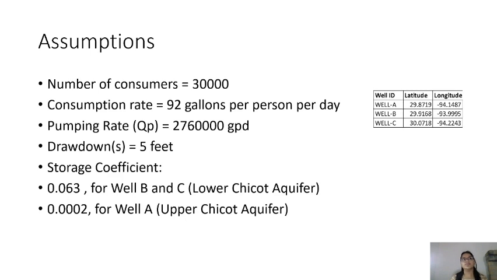And from Texas, since the water consumption rate was 92 gallons per person per day, our pumping rate was around 2.76 times 10 to the power 6 gallons per day. Since we were supposed to take a negligible amount of drawdown, we took our drawdown to be 5 feet.